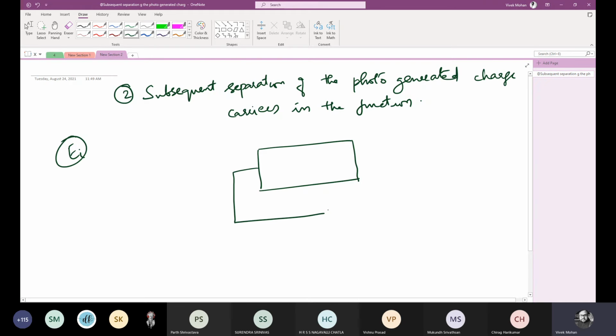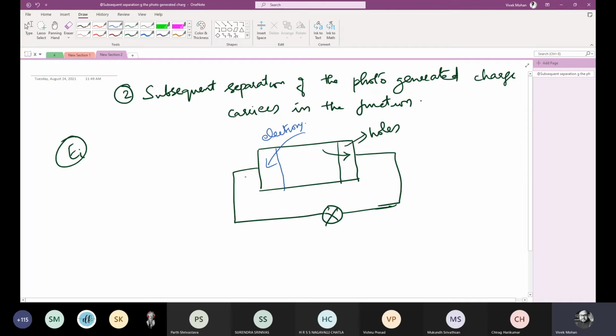So here, what I need is, I want the holes to be populated in one section, and the electrons to be populated in another section. If there is a membrane which allows electrons and holes to flow, then we can channelize the flow of these charges through such a material.